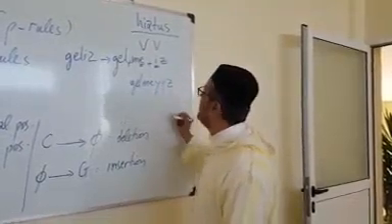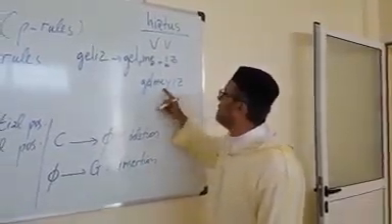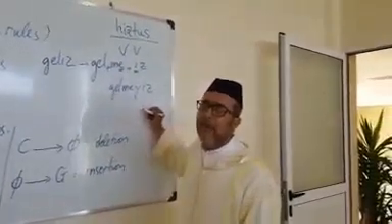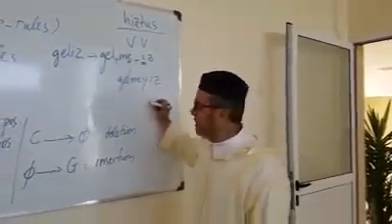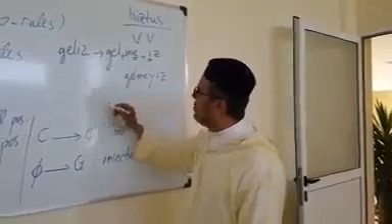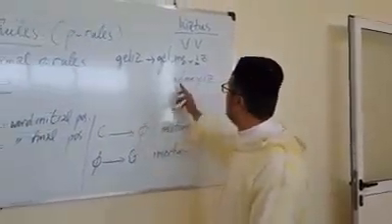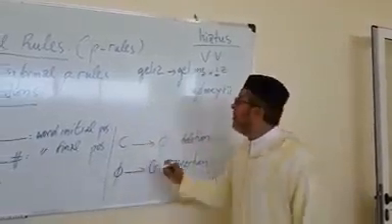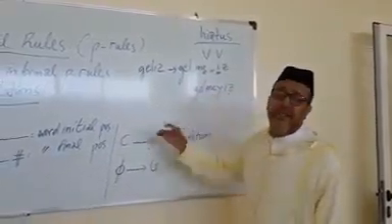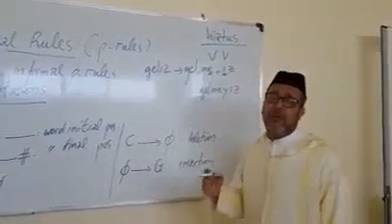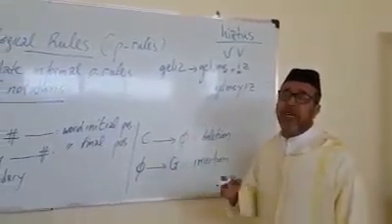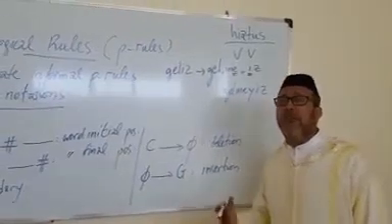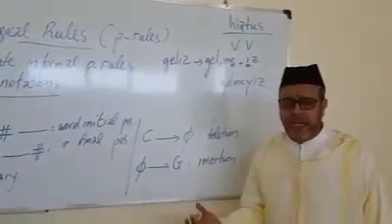And you hear not gilni, you hear gilnis, and we insert the glide to break the vowel cluster. This rule, for example, we might write informally and say, a glide is inserted between two vowels to break the vowel cluster or to apply the principle of the prohibition against hiatus.